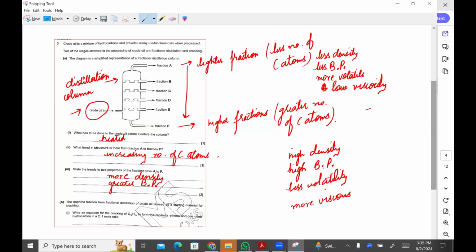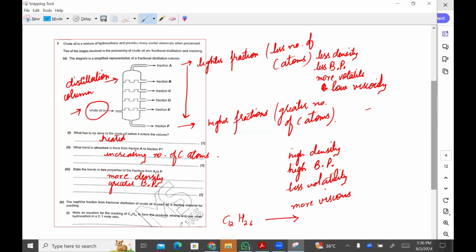Naphtha fractions from fractional distillation of crude oil are used as a starting material for cracking. Write an equation for the cracking of C12H26 to form the product ethene and one other hydrocarbon in a 2:1 mole ratio. We have to write the cracking equation of C12H26.